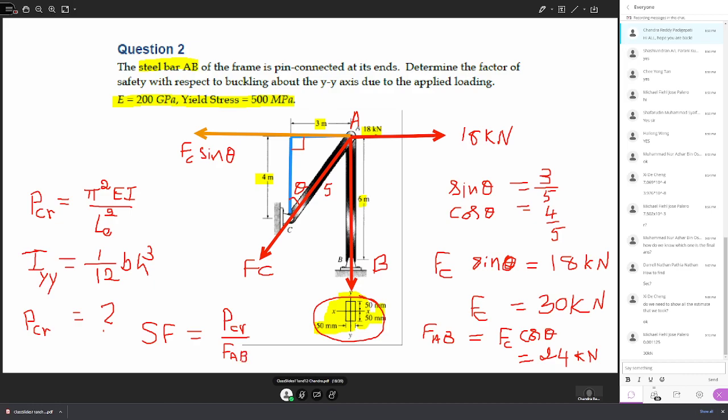Okay, so if you do these calculations, you'll be able to get the safety factor. So guys, I'll pause here for a while. Any questions, let me know. Otherwise, I'll move to the next question.